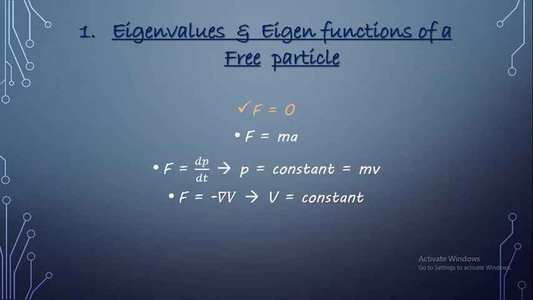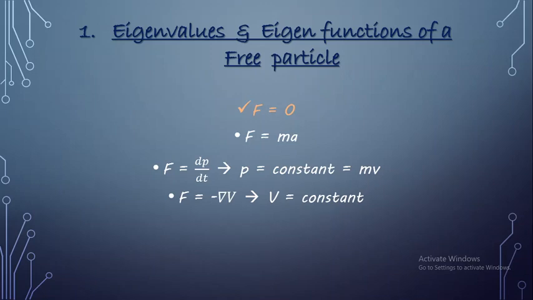Then we have another form of definition for force, where we say that force is nothing but the negative gradient of potential. If it equals 0, we get V equals constant. So the potential of that particle is constant.